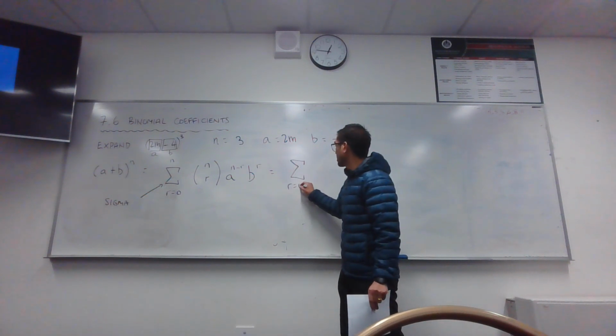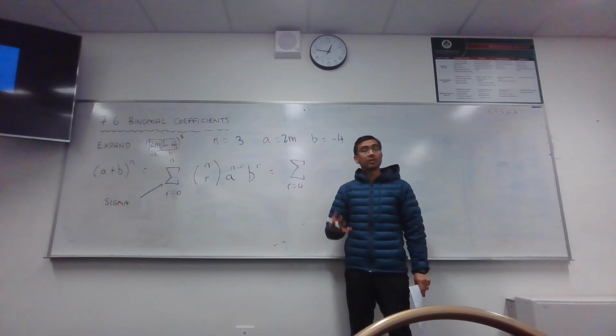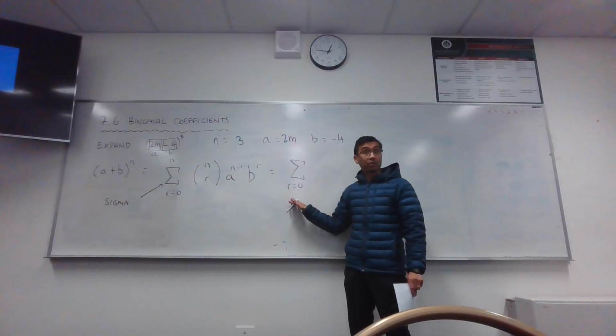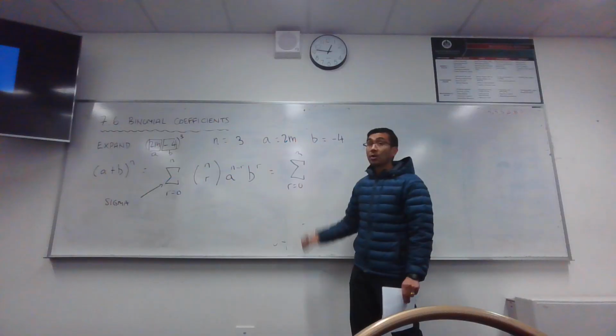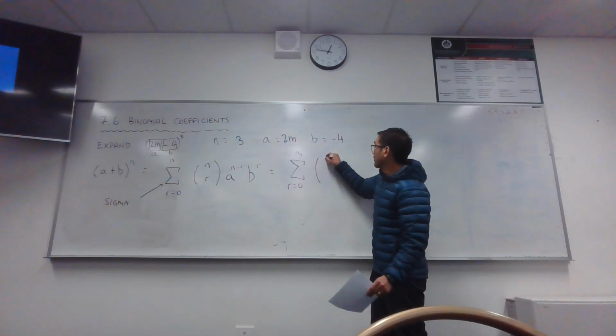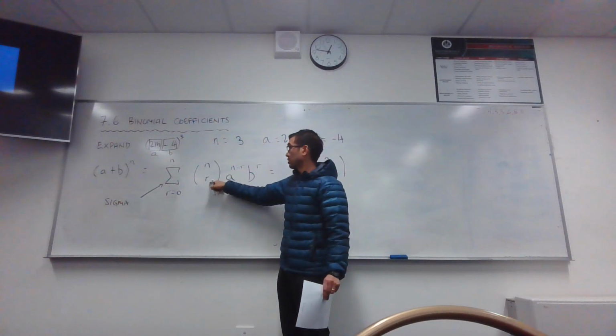The reason why we don't touch the R, it's like a counting system. It's a machine that starts at R equals 0. But for each one, we know we're going up to 3. So we have 3R in there, which is these two.